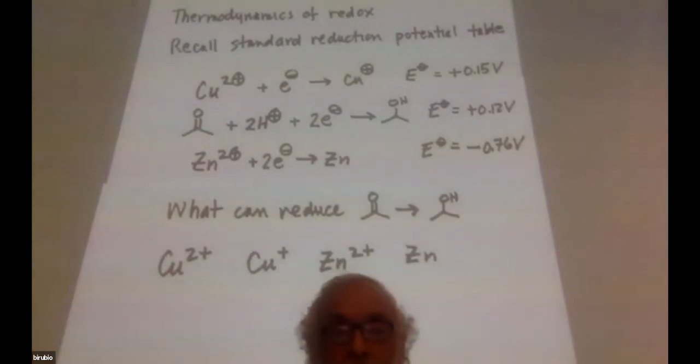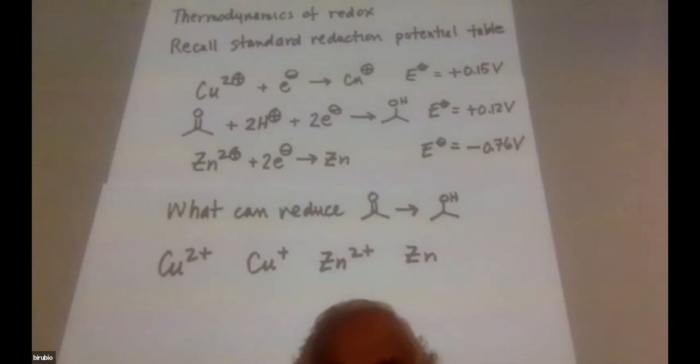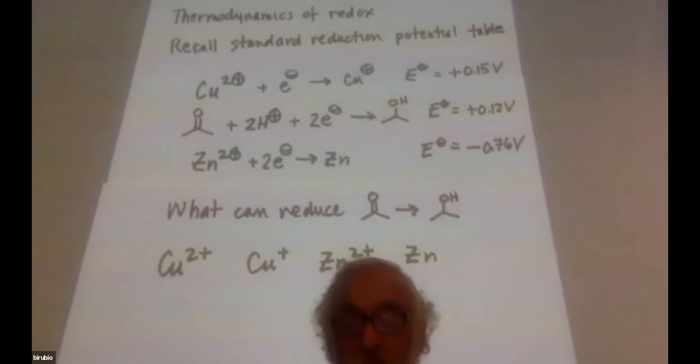I'm trying to remind you of how to use this standard reduction potential, which undoubtedly, or I hope, you saw in Gen Chem. So let's see who remembers Gen Chem. Yes? So there are your choices. What can reduce, because this ketone to an alcohol, that's a reduction.